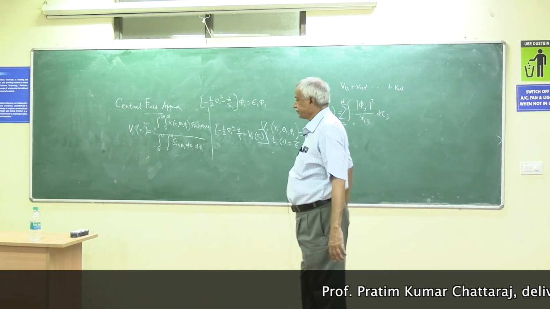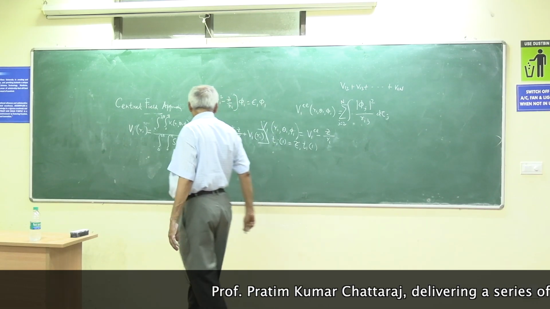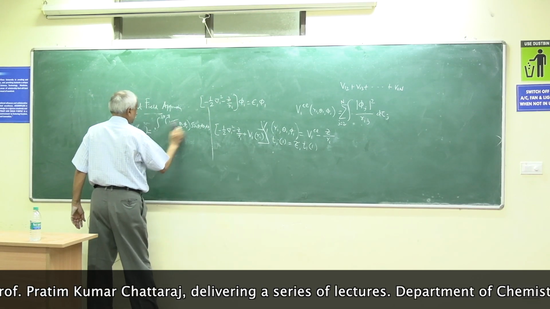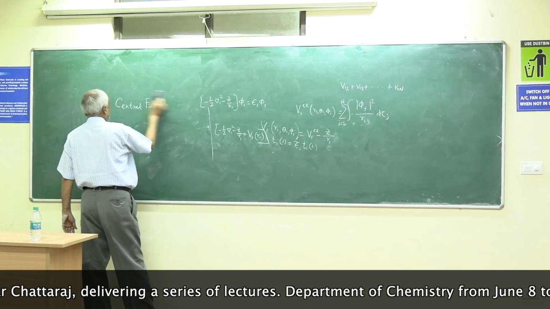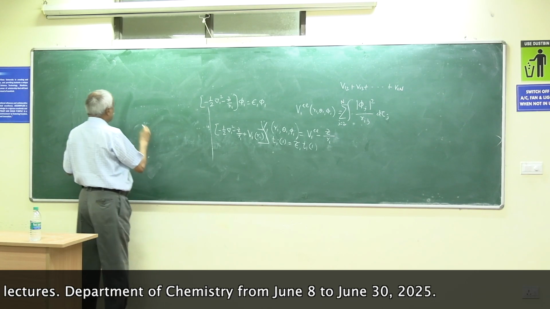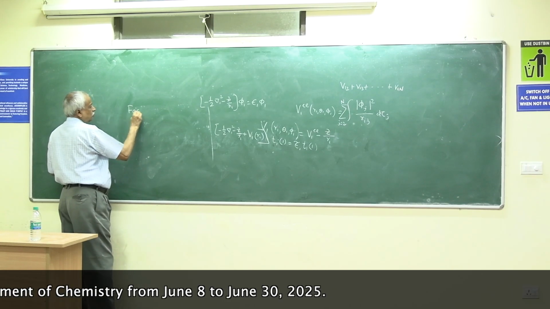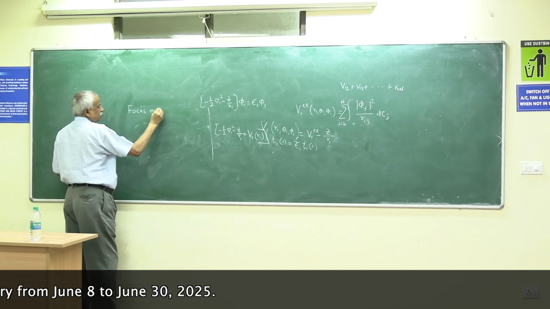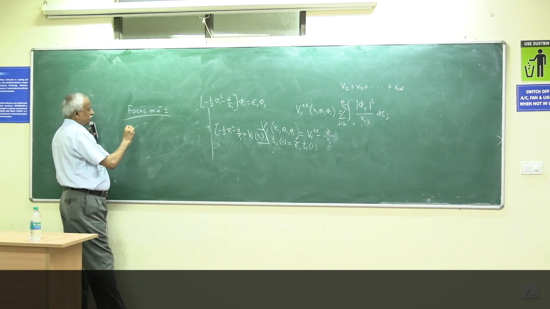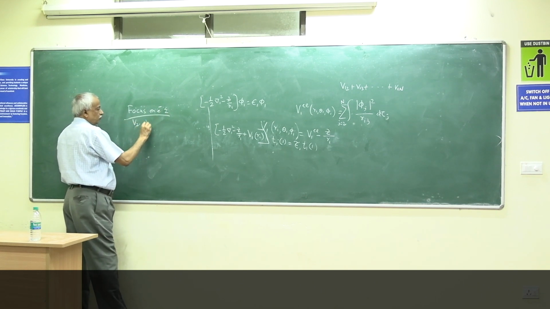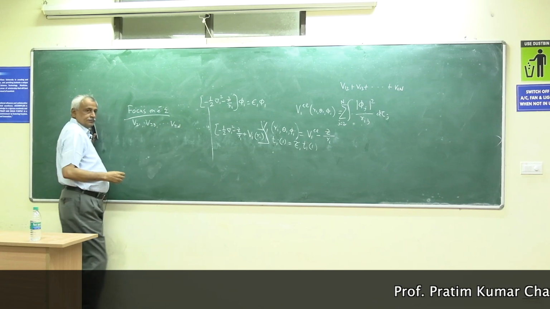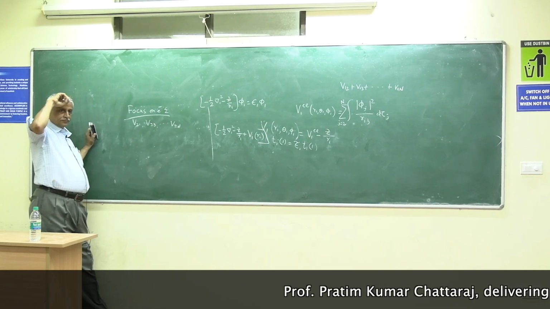Now focus on electron 2 now. Electron 2. So that means what? I will get V21, V23 up to V2n. Isn't it? How do you get it?